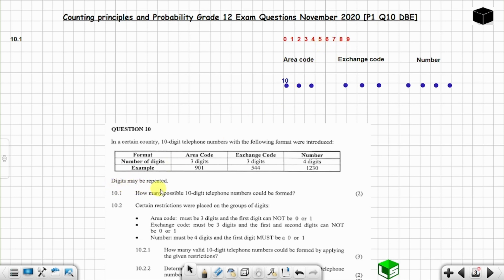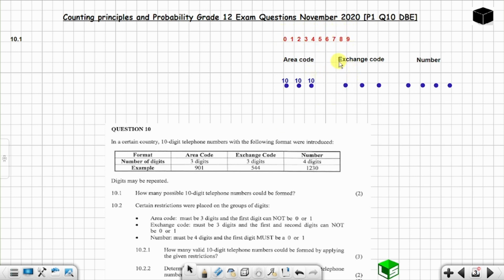Because digits may be repeated, you still have 10 options. And for the third one, because digits may be repeated, you still have 10 options. You can choose any digit from these 10.